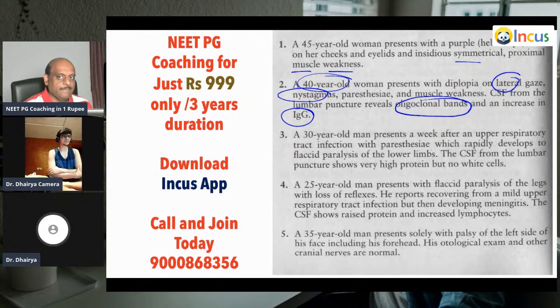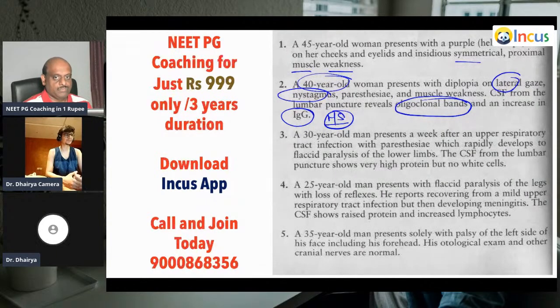This patient has come with neurological features, but when you look at the presentation, there is nystagmus, that is, there is ocular involvement, there is paresthesias, there is muscle weakness, very wide symptomatology in this patient, all of which is neurological only. Along with that, oligoclonal bands are very diagnostic of multiple sclerosis, especially in a young woman.